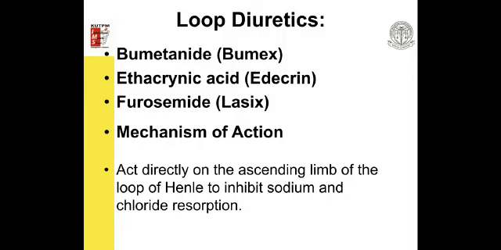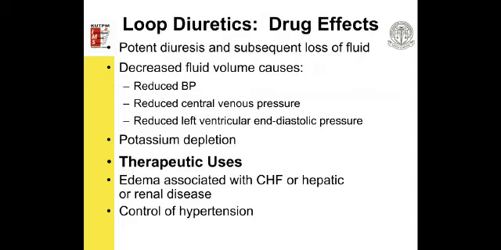The loop diuretics are bumetanide, ethacrynic acid, and furosemide, and their action is at the loop of Henle. They act directly on the ascending limb of Henle to inhibit sodium and chloride absorption. The loop diuretics cause potent diuresis and subsequent loss of fluid.